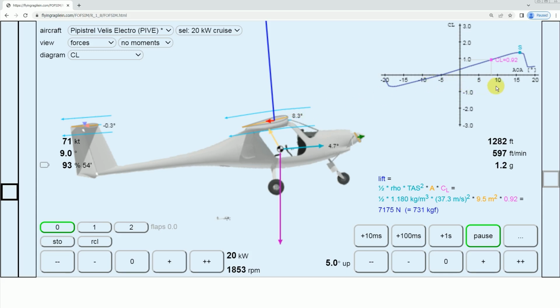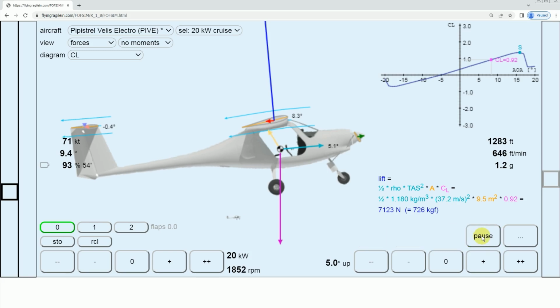This caused the CL to increase to 0.92. The new CL is inserted into the lift formula, which gives a lift of about 730 kilogram force. Now lift is about 130 kilogram force more than our weight. This surplus in lift causes the aircraft to accelerate upward and into a climb.